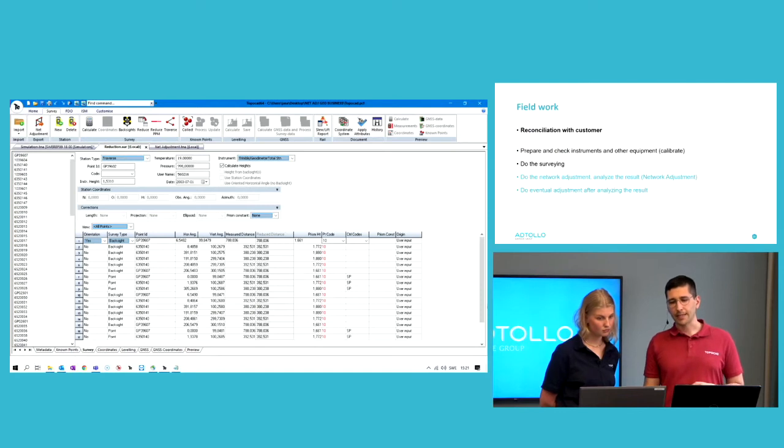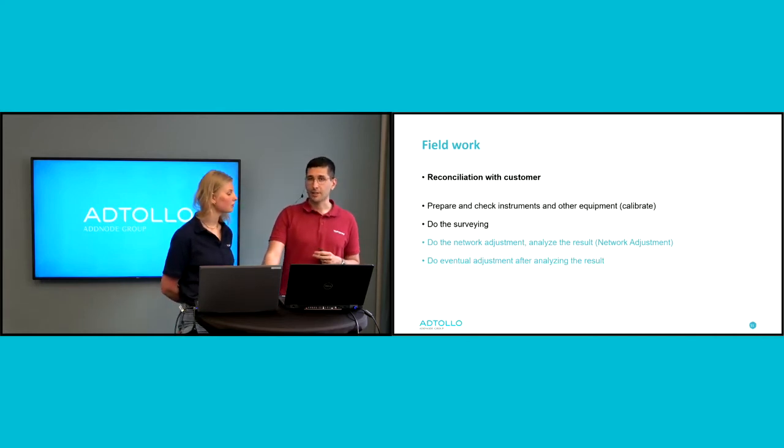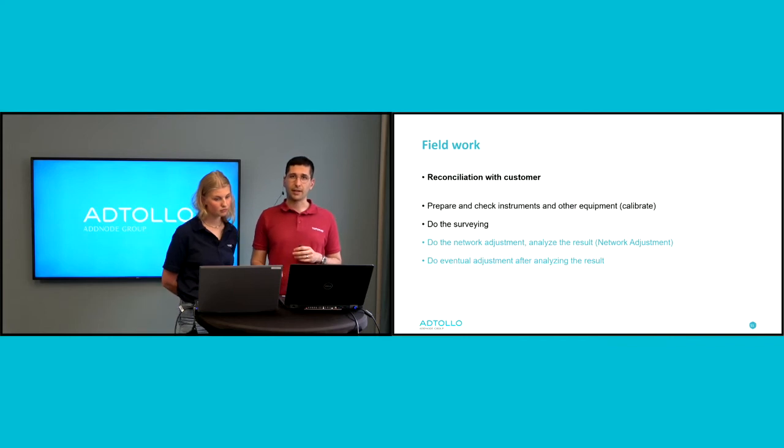And next up, we double check the instrument before you go out to the field, and go ahead and do the actual surveying. And after this, we do the network adjustment, which is the main part. And this is, of course, something we will do in Topocad.